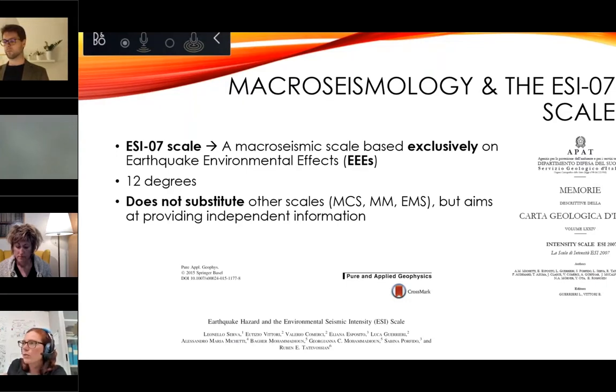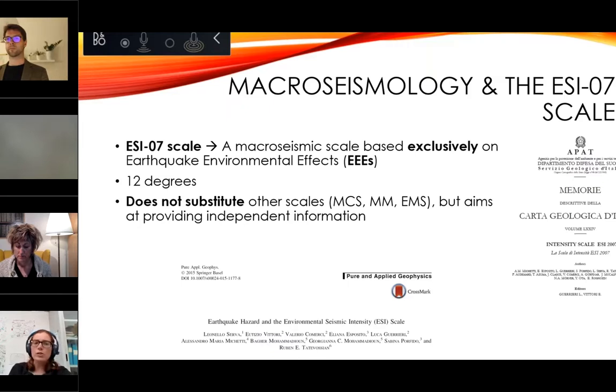So if we already have good information coming from another intensity scale, then focusing only on the natural environment can add some information or can confirm what we already have in our hands. But we will see there are some peculiar cases where natural effects are the only way to go.